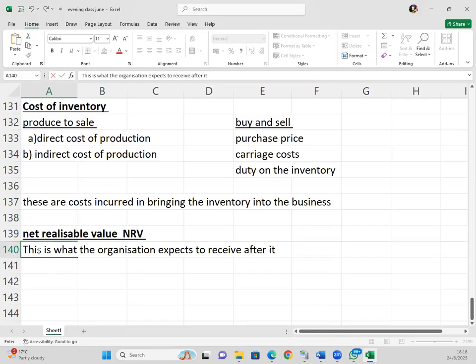after it has sold the inventory and deducted the cost of sales, the cost of selling the inventory.